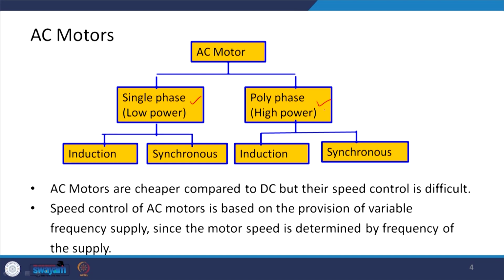Whether single phase or polyphase, they could be further classified as induction motors or synchronous motors, based on the principle they use for operation. These AC motors are cheaper compared to DC motors, but their speed control is difficult.